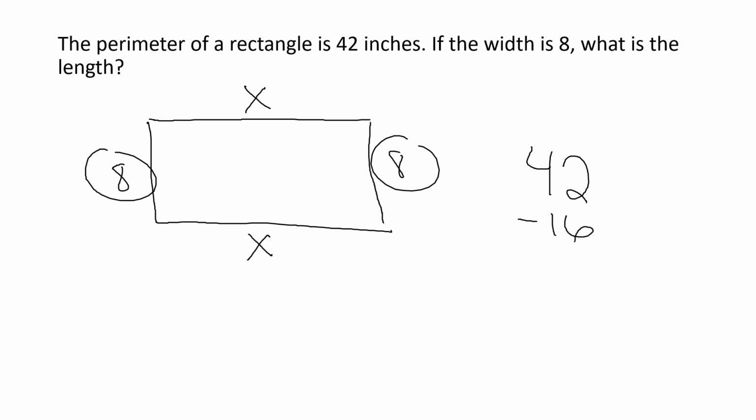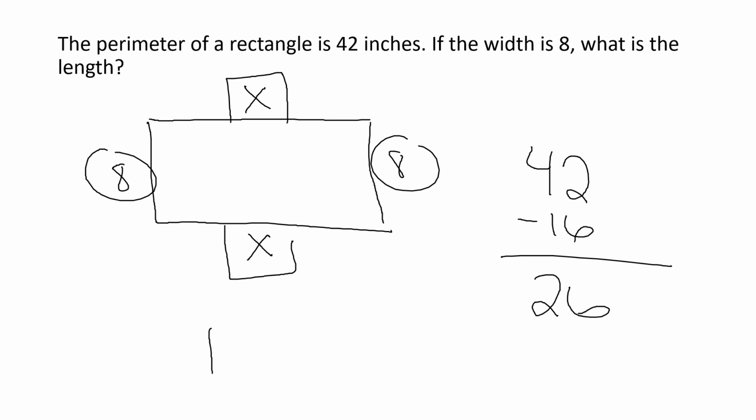So I'm going to subtract 16 because 8 and 8 is 16. 42 minus 16 is 26. I have 2 x's but I have to add up to 26. So if I divide that by 2, I have 13. So the length is 13. If you set up the equation and solve it, you'll still get to 13.